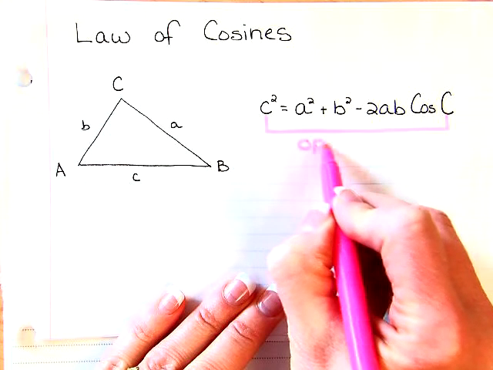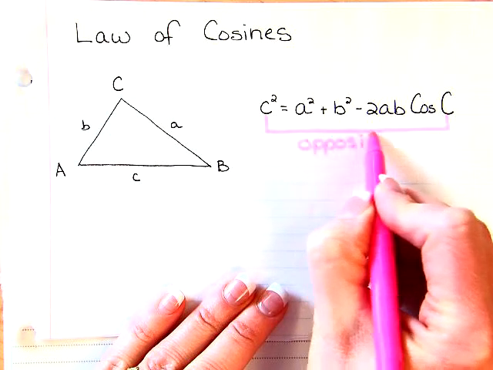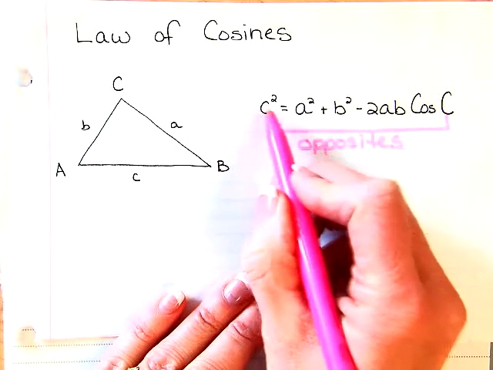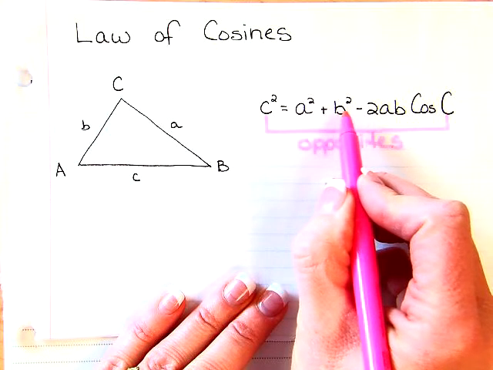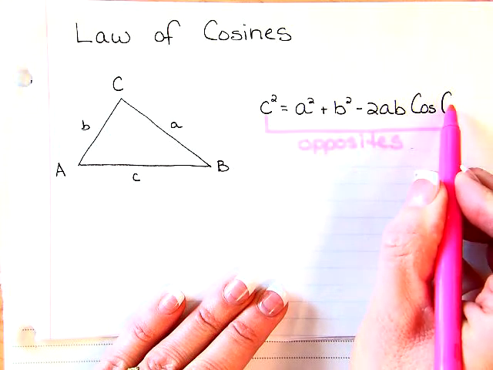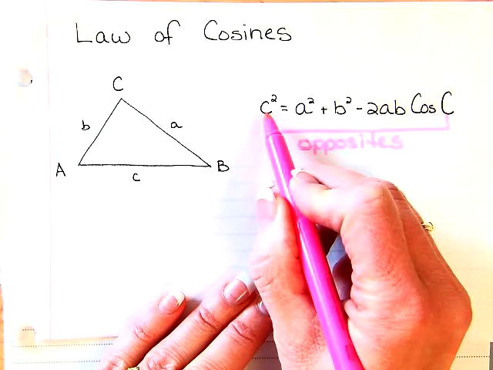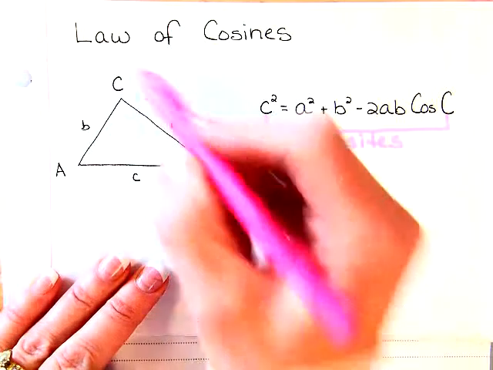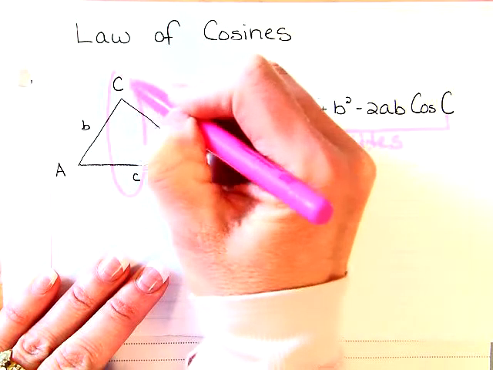That is what is most important to understand about that formula. So this will be one side, this will be the other two sides, and then this will be the angle that's opposite of the side here that starts off the formula. Alrighty? So over here I'm going to circle those in pink because those are important.